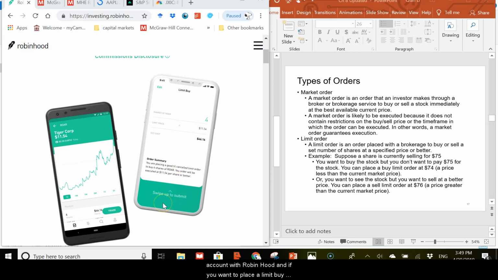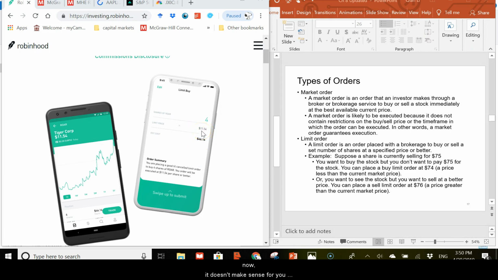So if you have the app and you have an account with Robinhood, and if you want to place a limit buy order, you will see this screen. So for example, you want to buy 4 shares of this stock called RAW. You want to buy it at $11.54 or lower. So this is a price you specify.